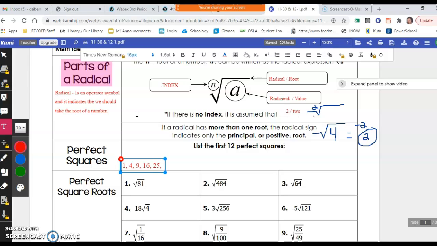And the next one? 36 and 49 and what? And... good. Now, we're not going to list out 12.